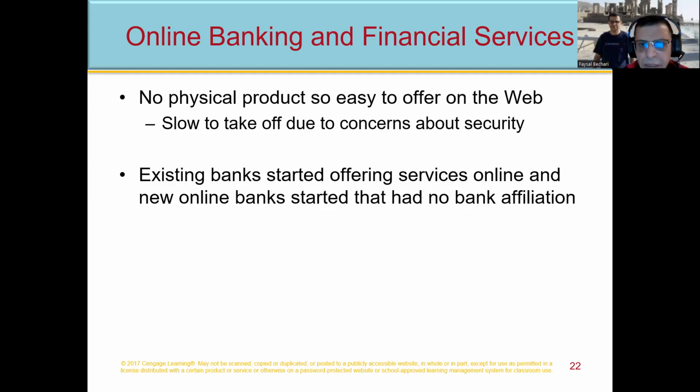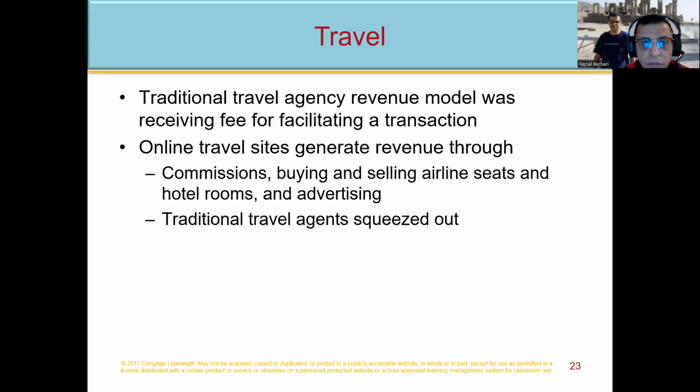Existing banks started offering services online, and the new online banks, Coho and Neo Finance, started with no bank affiliations. Well, they do now. In Canada, they have to. Traditional travel agencies, so there is what we are involved in it.